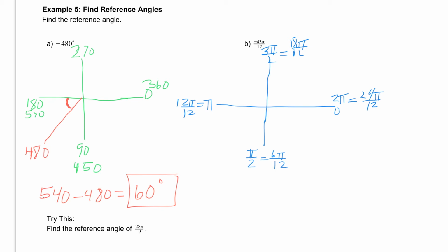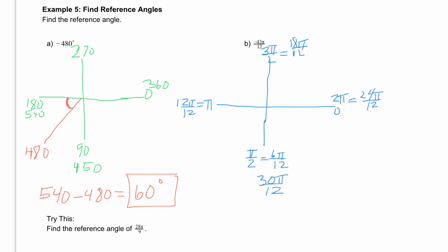And then we have to keep going. We need to figure out where 43 pi over 12 is going to be. So as we look in terms of the 12ths, we have 0, 6 pi over 12, 12 pi over 12, 18. You can see that we're going up by 6 pi over 12 every time. So if we move up another 6 pi over 12, this would be the same thing as 30 pi over 12.